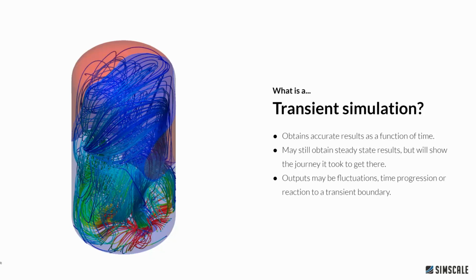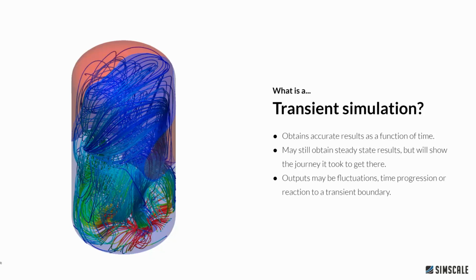So the outputs that you're going to get from a transient simulation are time-dependent results. So it might be fluctuations, it might be an increasing temperature, for example. This might be dependent upon your scenario. But if it's fluctuations, then that could be things like oscillating flows over an aerofoil or around a building, and that kind of application.